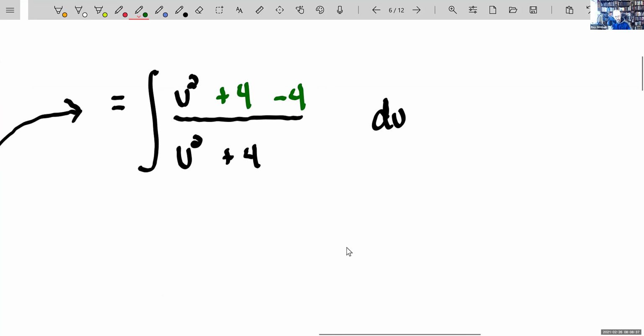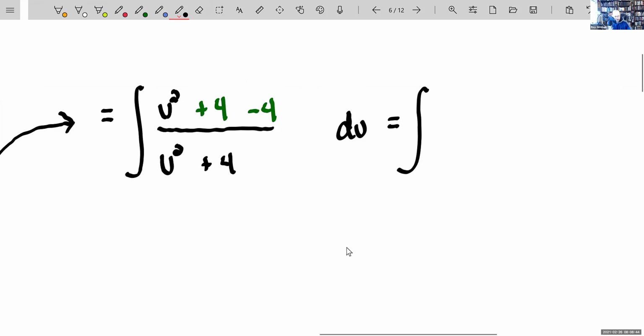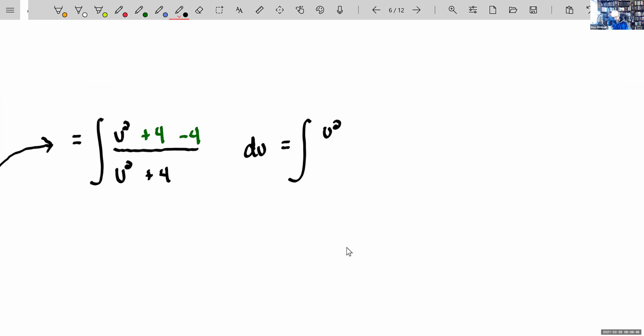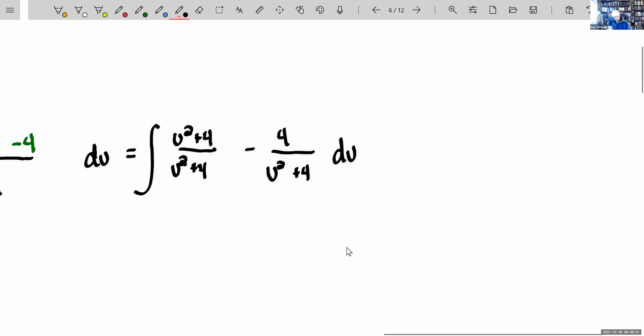You totally do that. And when you do that, you get the integral of u squared plus 4 over u squared plus 4, minus 4 over u squared plus 4, and then du. Now that first term is just a 1. The second term, well, that's still 4 over u squared plus 4.